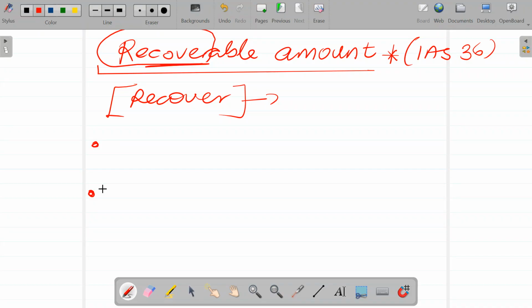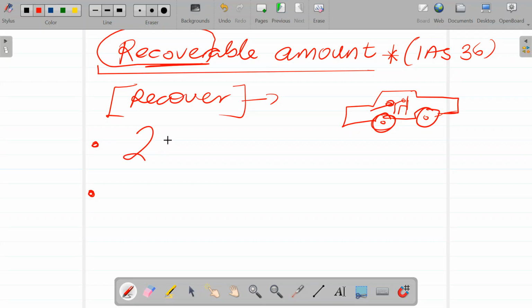Okay, this car is an asset. How can you get the benefits out of this car? Yeah, there are two ways.